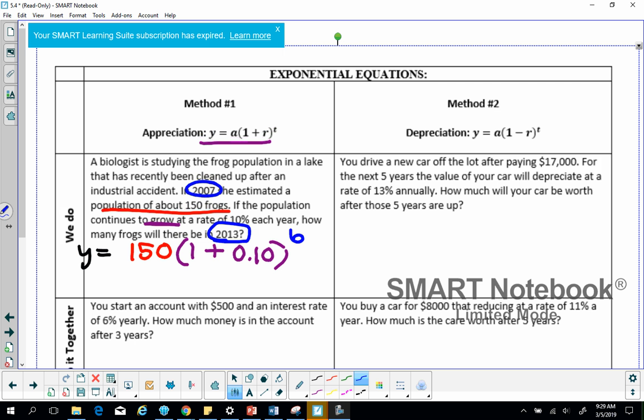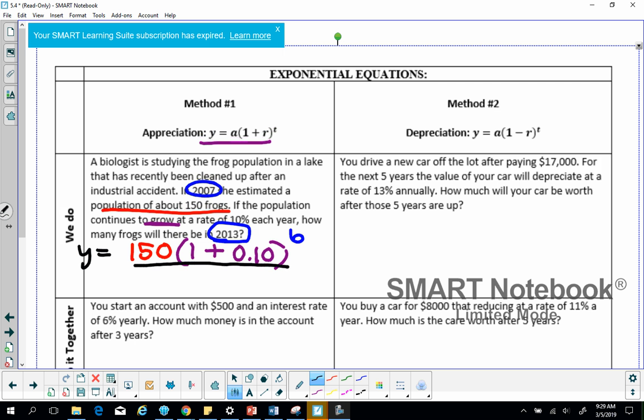So all you're doing is putting this right into your calculator. In your calculator, don't put y equals, but you're just writing this just as it is. So 150 parentheses, 1 plus 0.10, you don't even need to simplify that, to the 6th power. You're putting it right in just how it looks, like this, in your calculator.